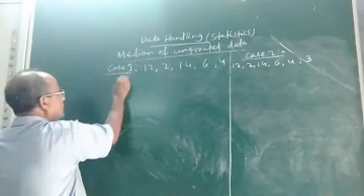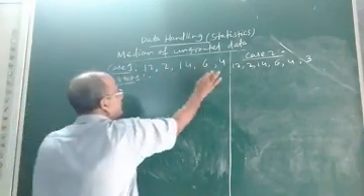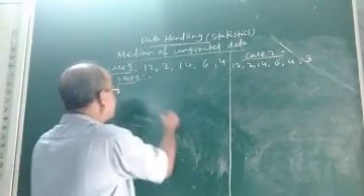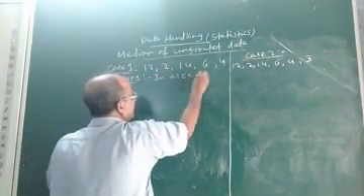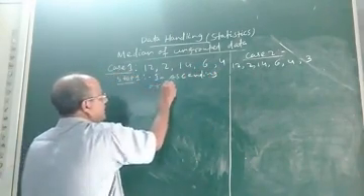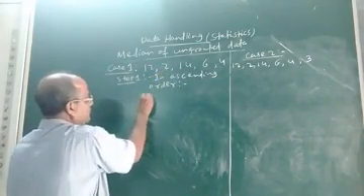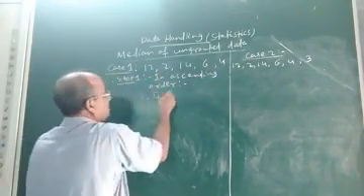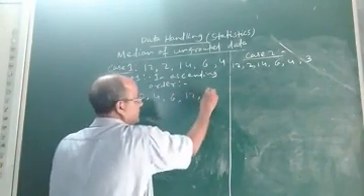So let us follow the first step. Now if I write all these observations in the ascending order, what will I get? First is 2, then 4, then 6, then 12, then 14.